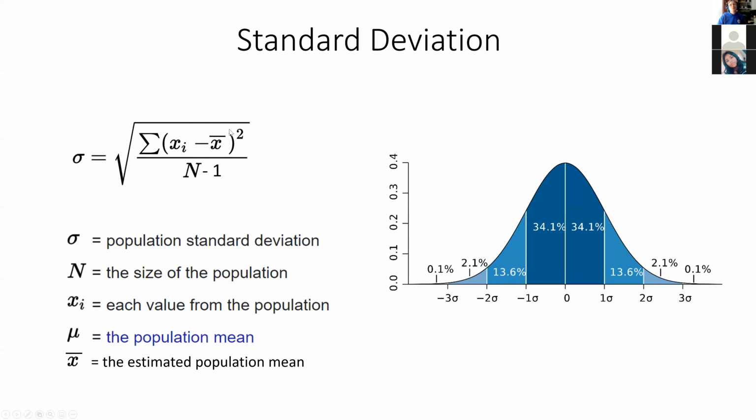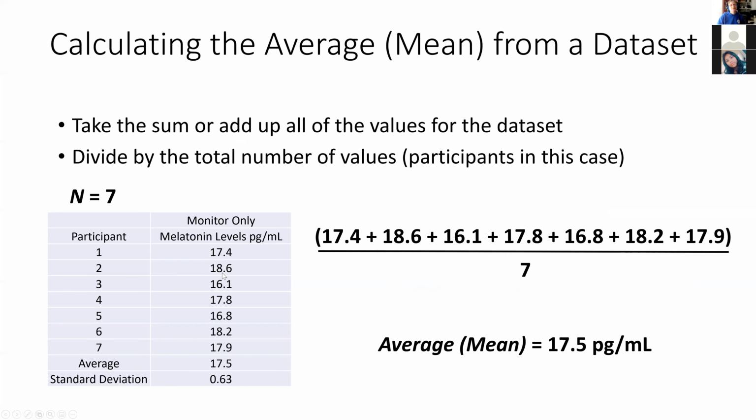The x values here are for the individual experiments that you've done. So for each measurement that you make for each person that's a participant in this, you'll have an xi value. So for person 1, that's 17.4. For person 2, that's 18.6. Right?